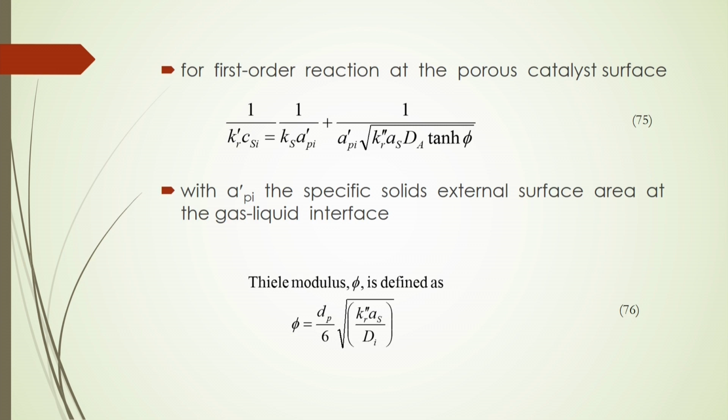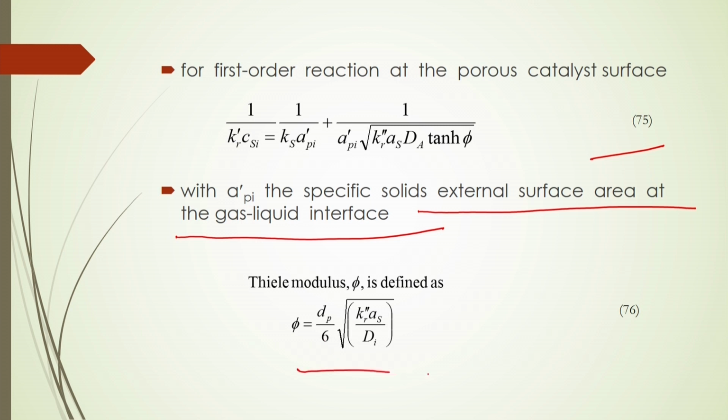And for a first order reaction at the porous catalyst surface, you can represent it by equation number 75, with A dash pi the specific solid's external surface area at the gas liquid interface, represented by equation 76 for this Thiele modulus.